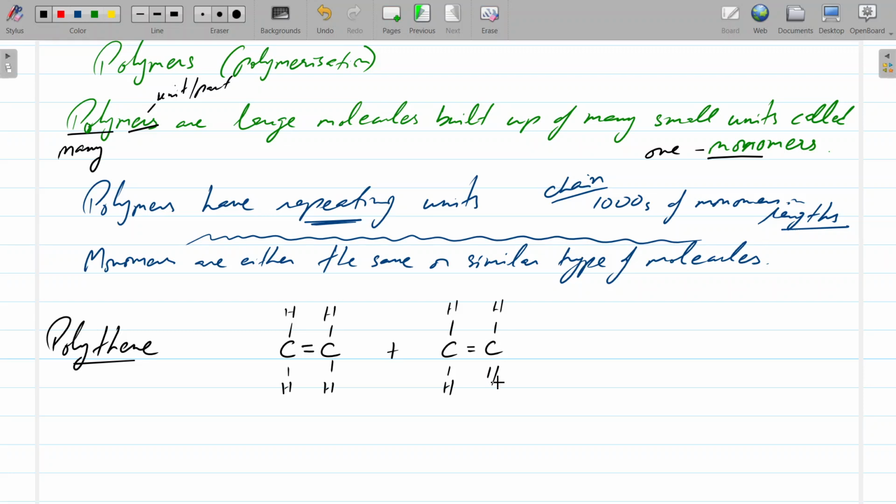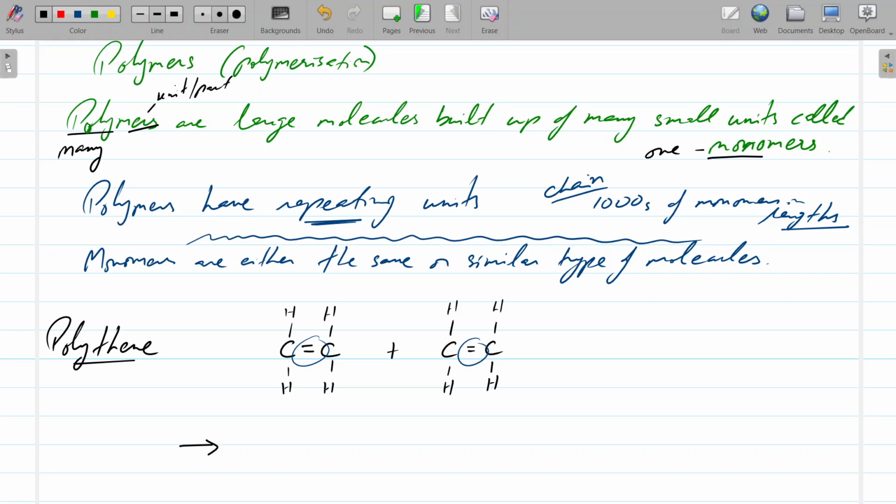What's going to happen? Well, this is not polythene. Poly means many, and there are just two of them. I'm just giving you an example to clear the concept. What's going to happen is you're going to lose the double bonds in both of these, because it's an addition reaction.